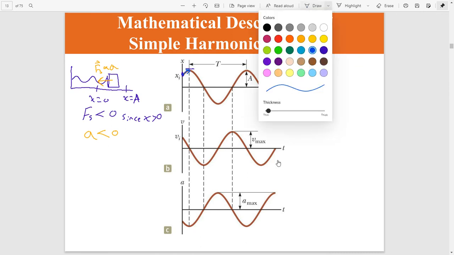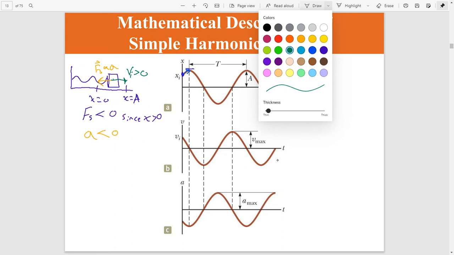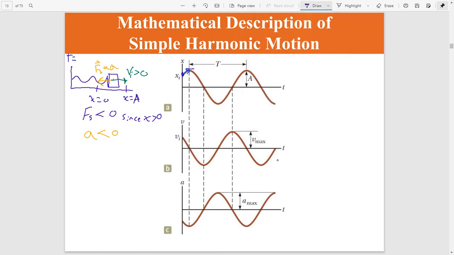That must mean that at least at t equal to 0, the velocity is positive, at least initially, because what I'm showing you here is a snapshot of the initial condition of the system. So now I can get into the two remaining graphs with a bit more clarity.